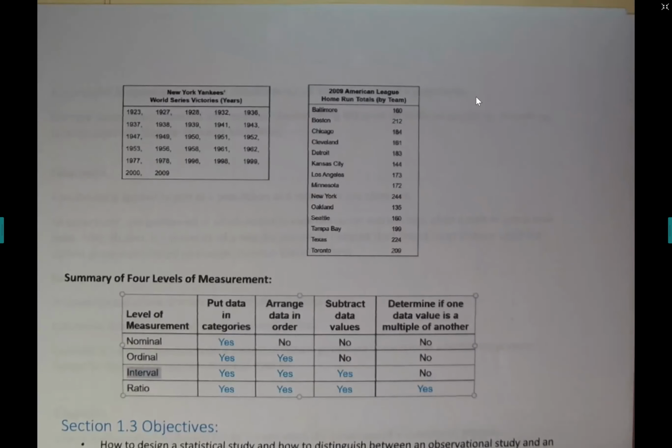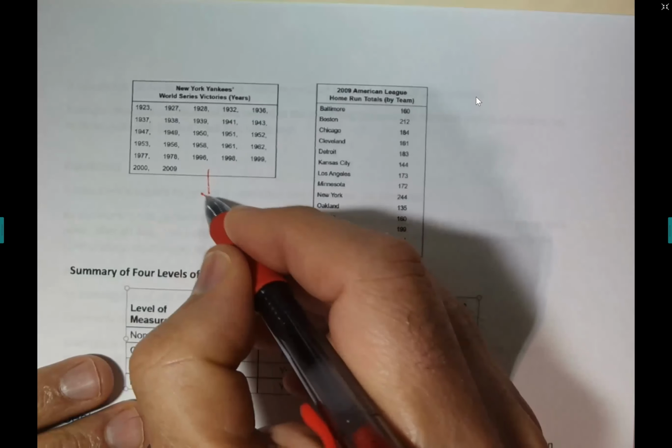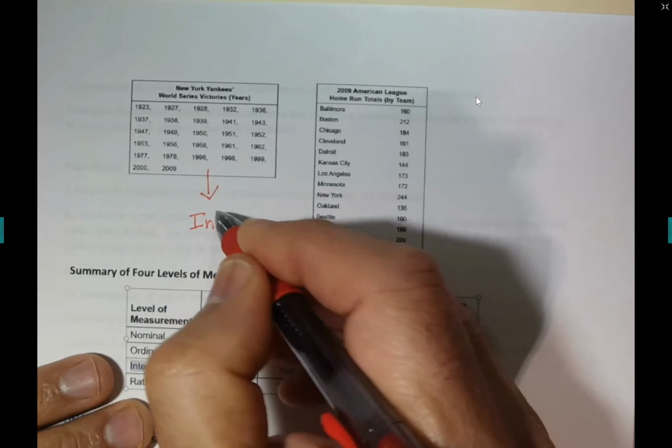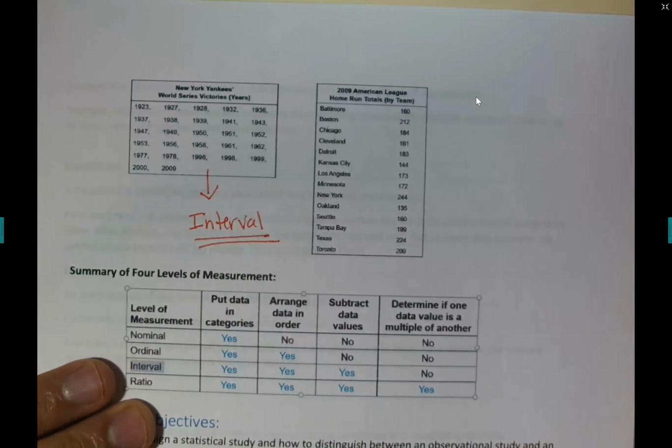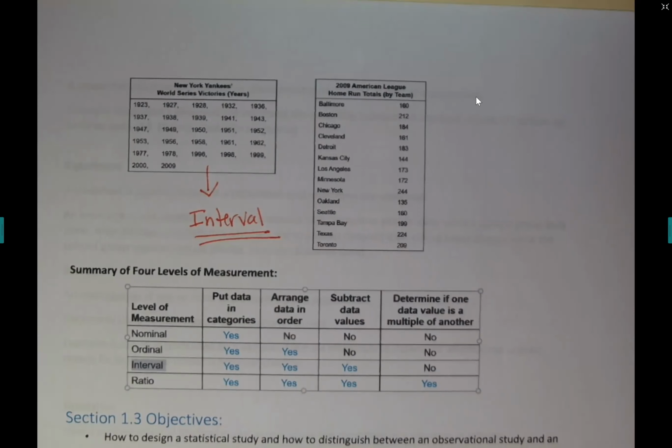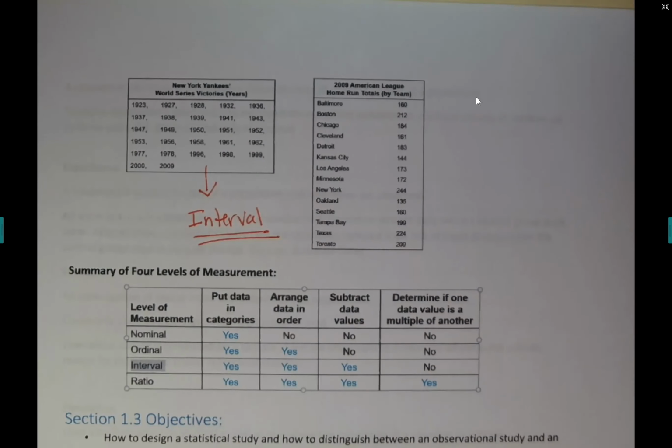Okay. New York Yankees World Series victories in years. These are the years. So what do you think the year is categorized as? We mentioned that earlier. Interval or ratio? Interval. You got it. It's a little bit hard to come up with examples at the interval level.